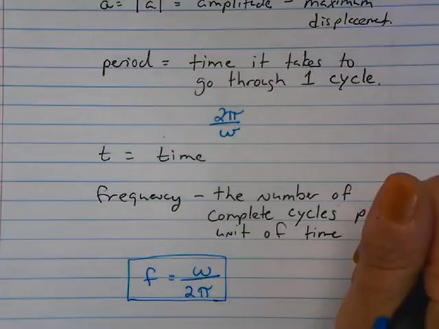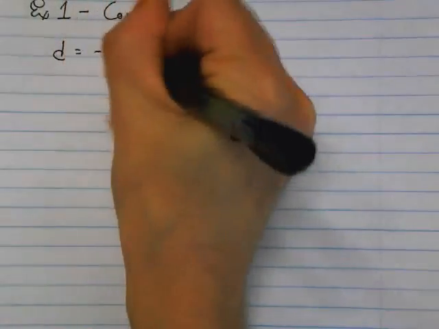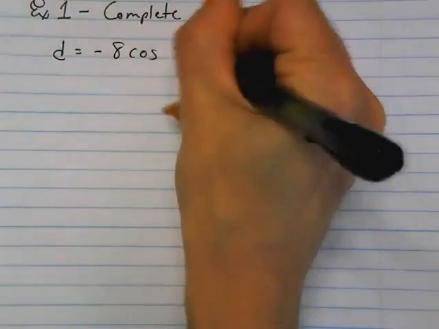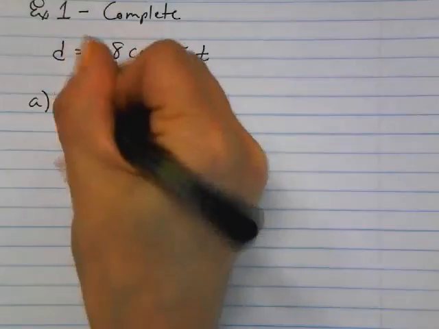Alright, so we're going to do two that don't require the word problems, and then we'll pick the word problem page back up tomorrow. Alright, so example 1. Complete. So I'm going to give you a function, d equals -8 cosine pi over 2t. I want you to give me A, its maximum displacement.